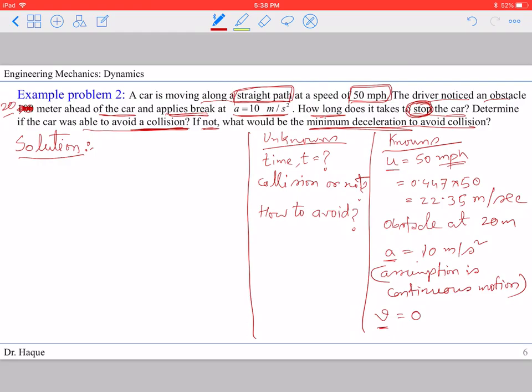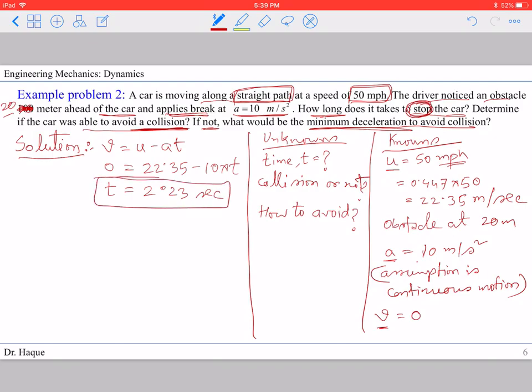The simple one is final velocity equals initial velocity minus acceleration times time. So this will give us the time. If we plug in the values, 0 equals 22.35 minus 10 times t. If we solve for time t, we see that it is 2.23 seconds.